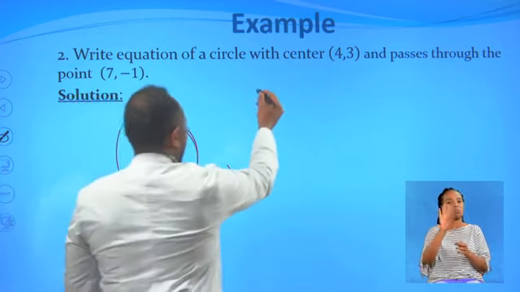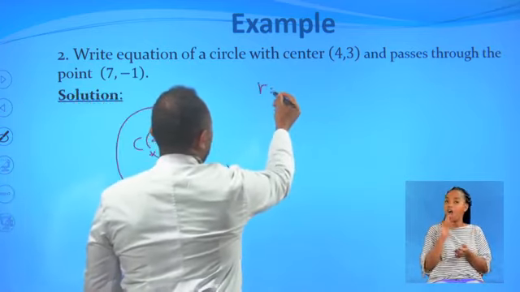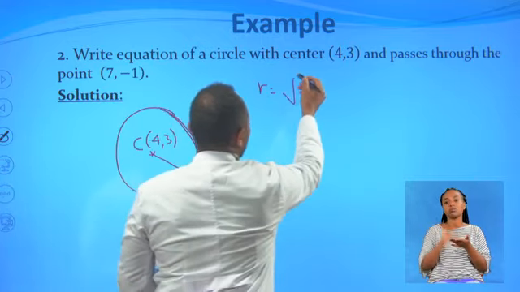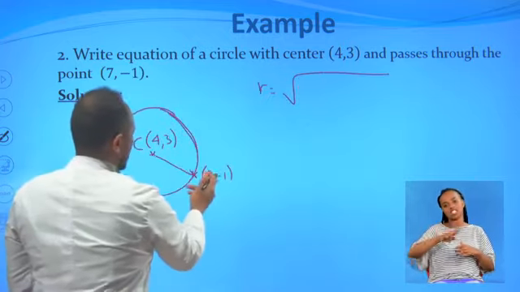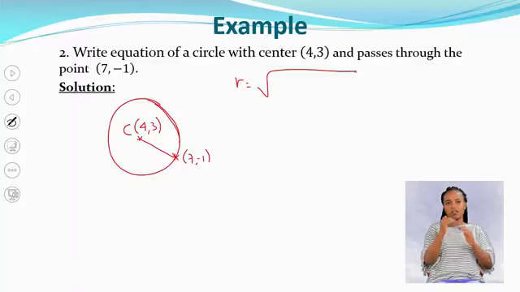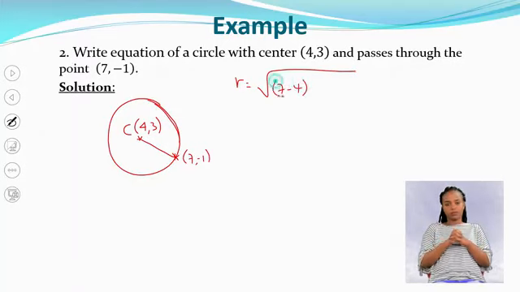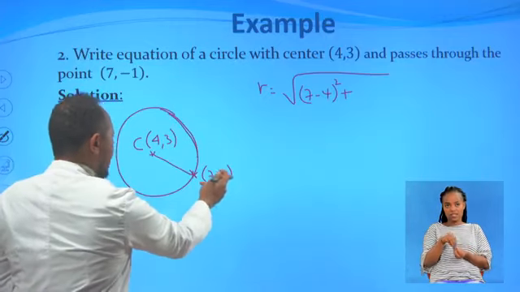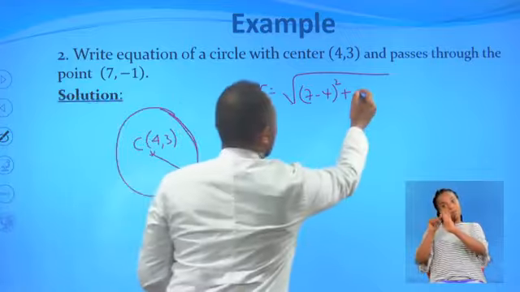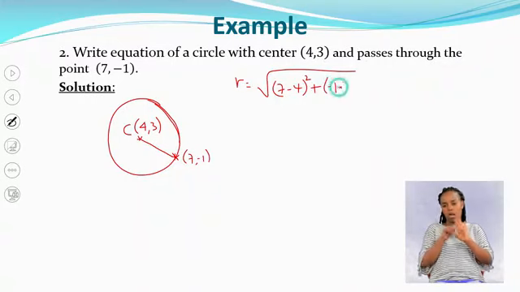Therefore, r, the radius, is equal to the distance between 2 points. It is the square root of (7 minus 4) squared plus (negative 1 minus 3) squared.